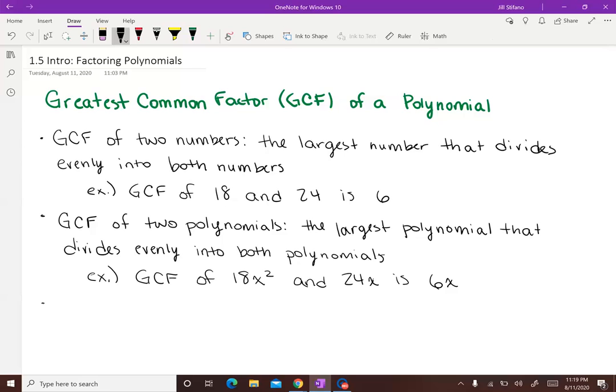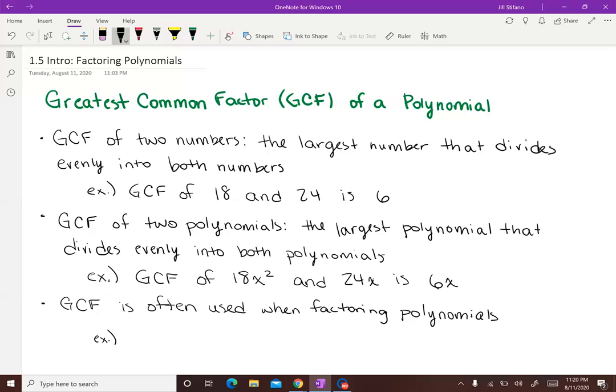Using the GCF comes up a lot when factoring polynomials. And an important example of this is when factoring polynomials or factoring expressions with either fractional or negative exponents.